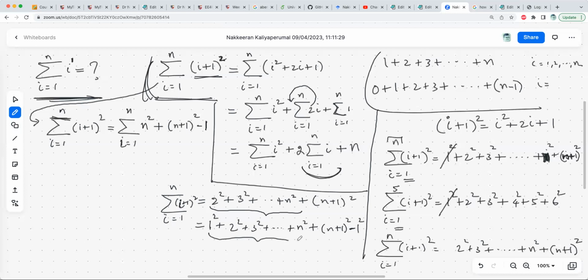Now this whole thing can be written as summation i equals 1 to n of i squared, plus (n plus 1) whole squared minus 1. Yes, sir. Okay, so this is the one I have written over here.